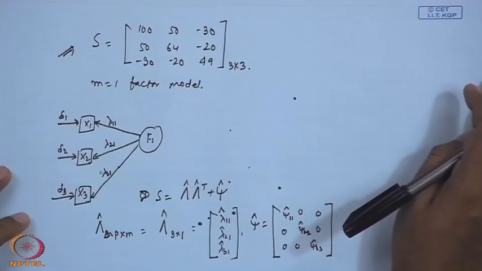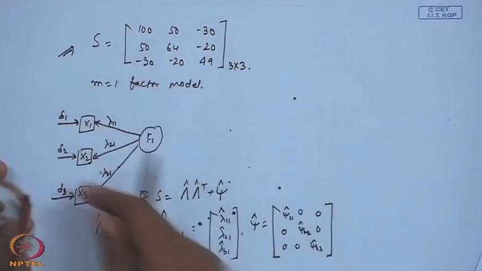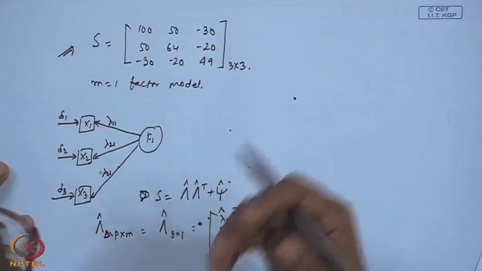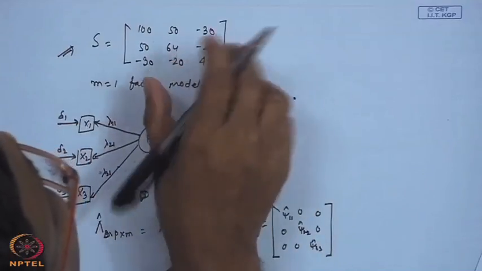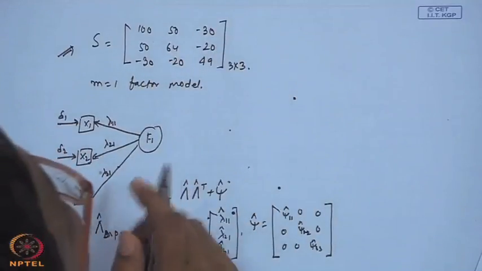I am not going to derive how principal component analysis is done to find the eigenvalues and eigenvectors. That we will not describe here. Straight away I am going to give you the results, because it is a 3 by 3 matrix and computation will take time.